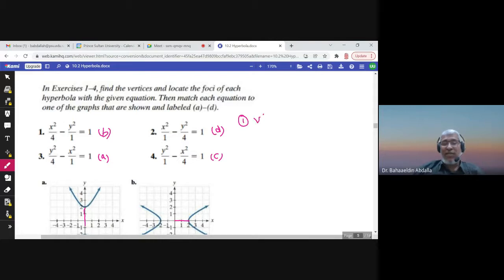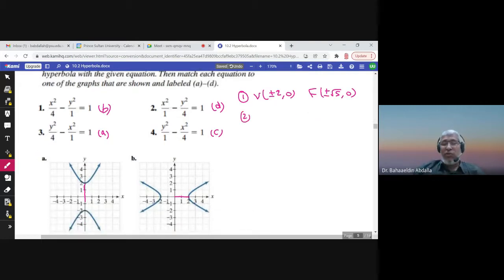So the vertices would be plus or minus 2, 0. The foci also would be on the transverse axis, so horizontal. But what is c squared? 4 plus 1, 5. So the foci would be plus or minus square root of 5, 0.